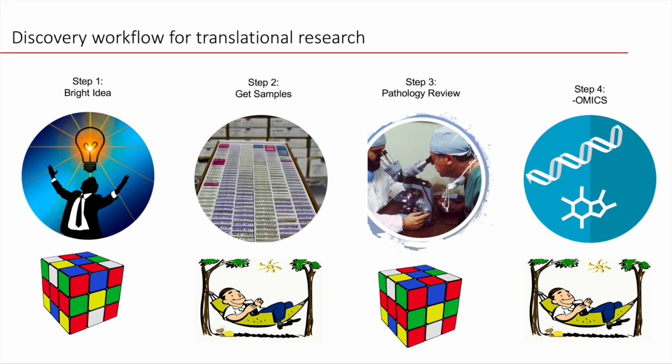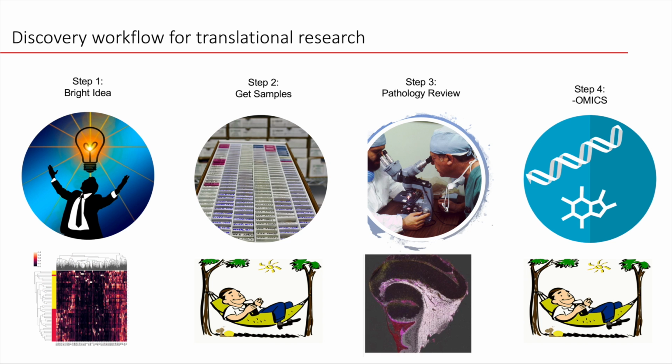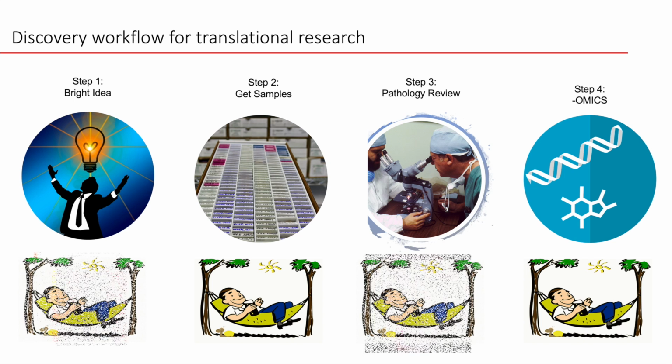So hopefully what I've convinced you today is that we've taken this translational research workflow and have tried to address some of the cumbersome or human components of the translational research workflow, and by using both supervised and unsupervised techniques, we're able to automate and simplify this process to create a really fully automated system.